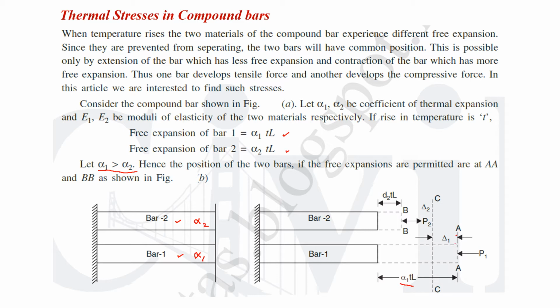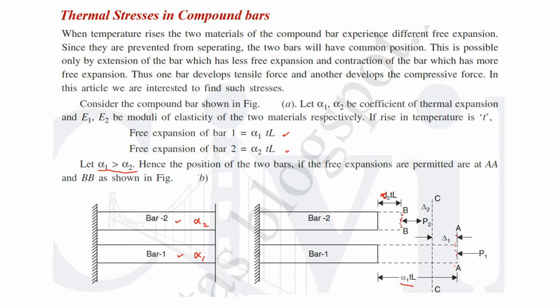AA represents the final position of bar 1 if it is allowed to expand freely and independently. Then free expansion of bar 2 is by an amount alpha 2 TL. Since alpha 2 is less than alpha 1, the final position, if it is allowed to expand freely, would have been BB.